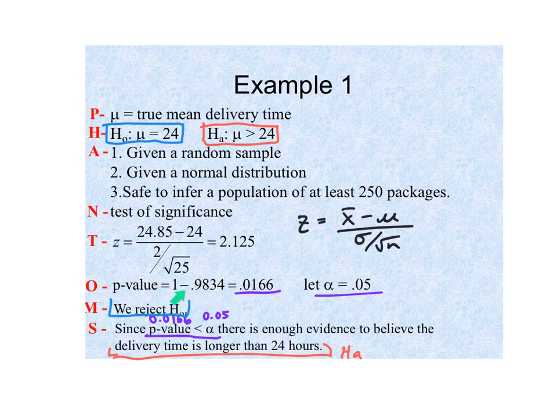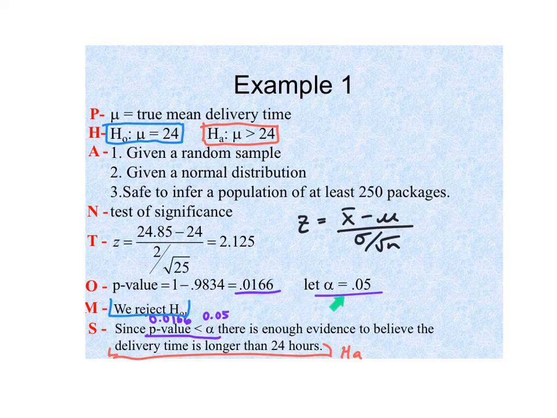But I'm going to subtract from 1 because I want to get greater than. Remember, the table only shades less than, so 1 minus will give me greater than. And that gives me a probability of 0.0166, 1.6%.